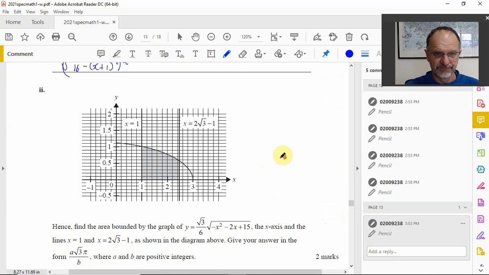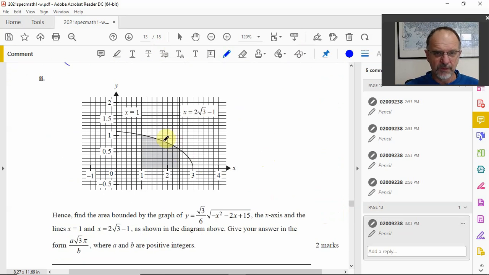So part 2, we're wanting to find this area. The equation of the curve is the one that we got before, and we've got x values between 1 and 2 root 3 minus 1. So we're after an integral.